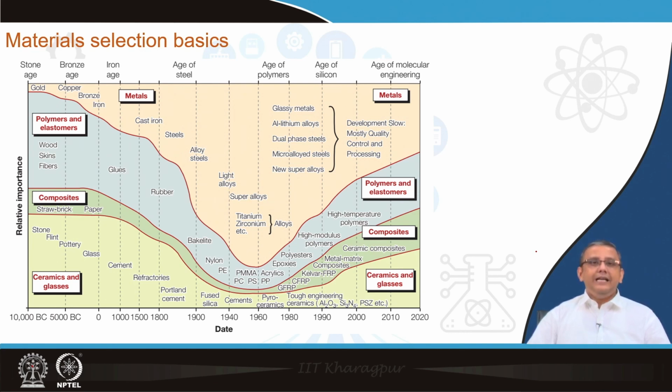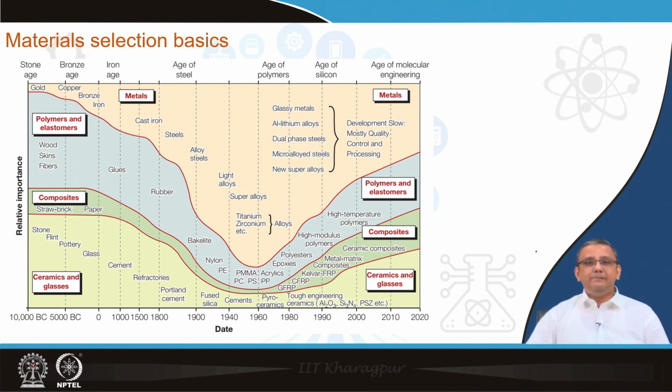Here you can see that for the prehistoric man, the earliest cases, we had the stone ages, because at that time stone was the only material known to mankind. But as humans became more and more advanced, we developed more and more materials, and materials always played a very important role, and that is why the various ages of civilization are named in terms of the bronze age, then the iron age and so on.